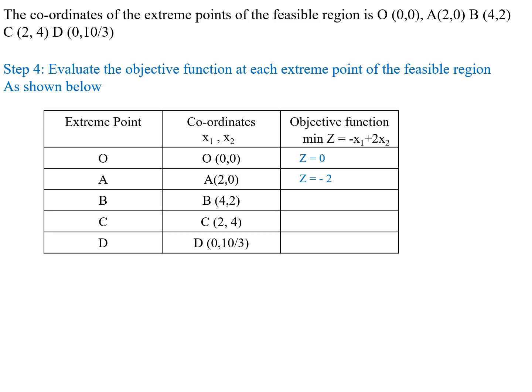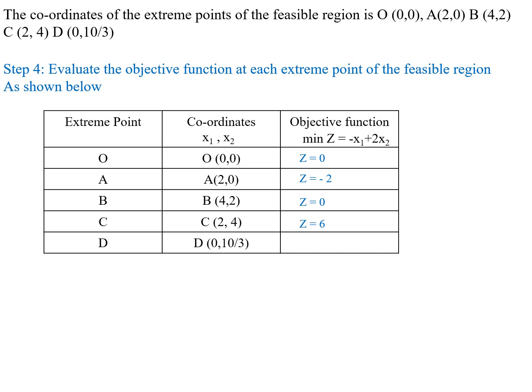Next we substitute the B point's coordinates, that is 4, 2. Then we get z equal to 0. Next we substitute the C point's coordinates, that is 2, 4. Then we get z equal to 6.